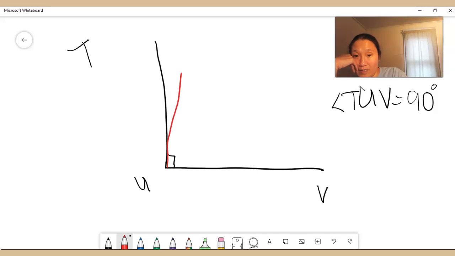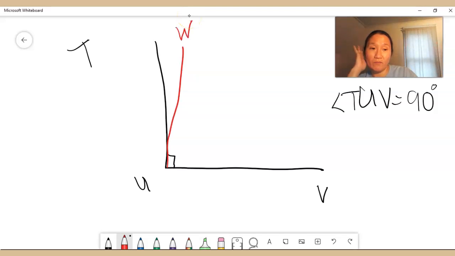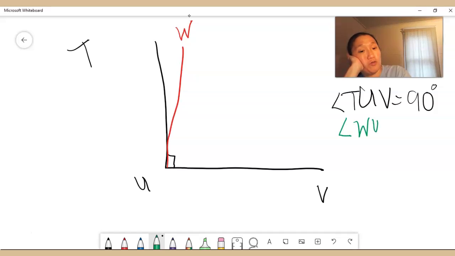So then, right here is going to be TUVW. I'm going to give you the angle for W. I'm giving you the angle for WUV, and that's going to equal 80. So from here to here will equal 80 degrees.